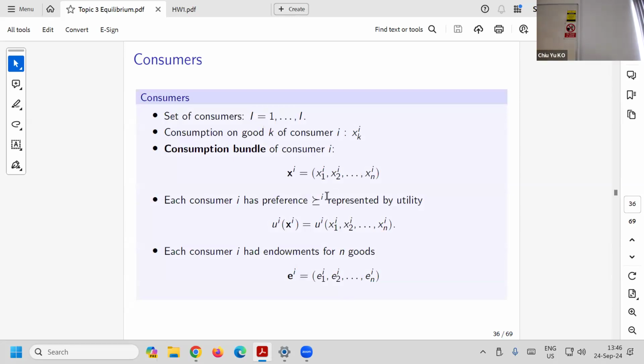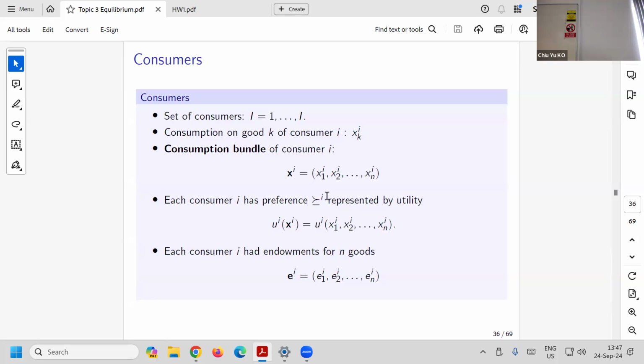It will be notation heavy, so I will go slowly, because it's not that easy to consume all at once. So assume a set of consumers 1 up to I, and the consumption of good k by consumer i will be x sub i sub k. It's a little bit tedious, okay.